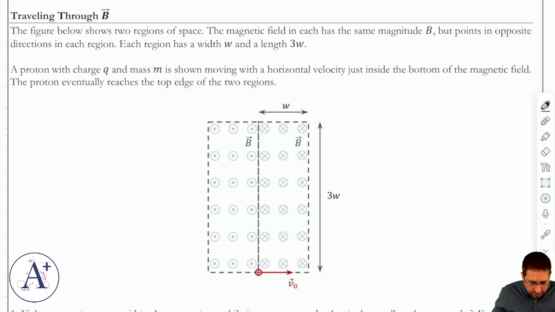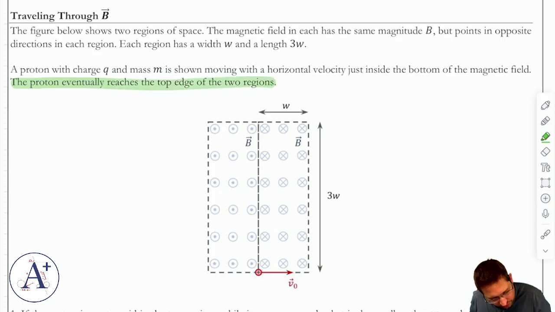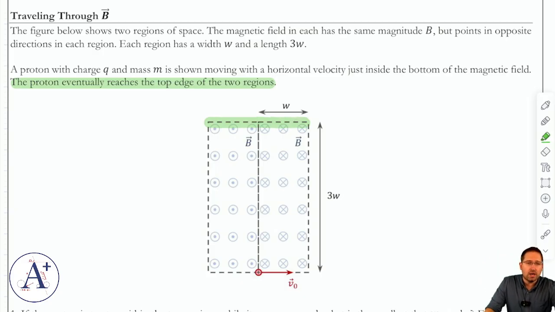And so this is a proton down there, a positive charge, moving with a horizontal velocity just inside the bottom of the magnetic field of this region, which is into the page. And we're told, this is the key part, the proton eventually reaches the top edge of the two regions. So somehow the proton makes it to here. TBD how that's happening, but we're told that's what happens.